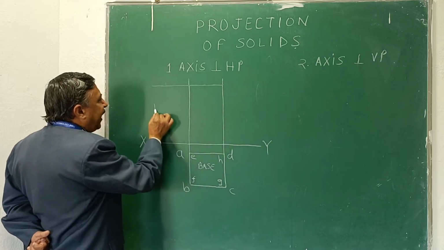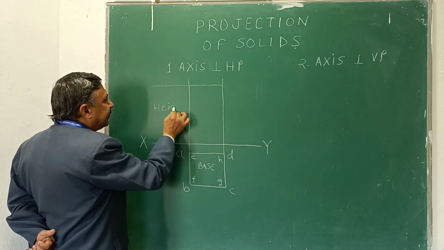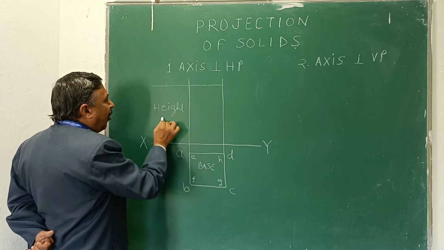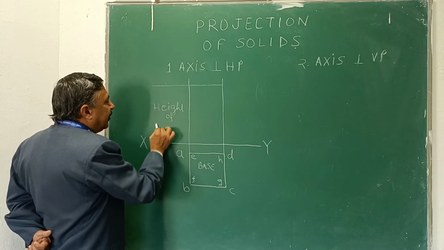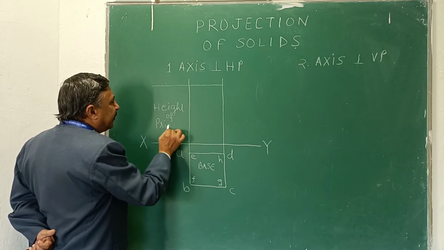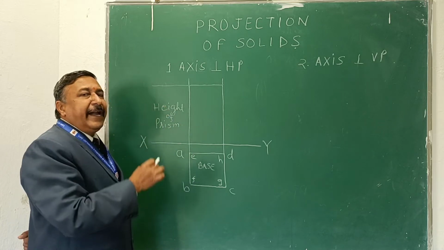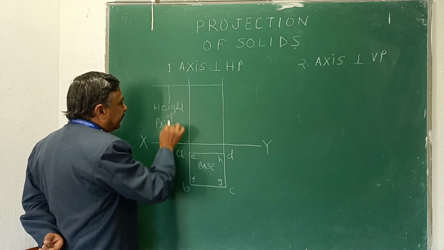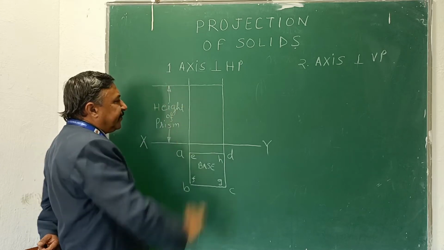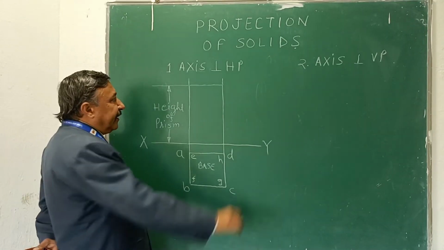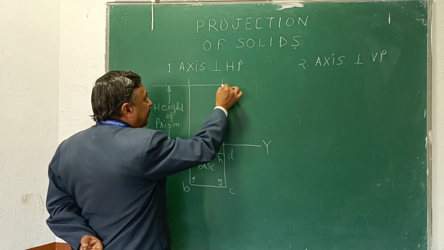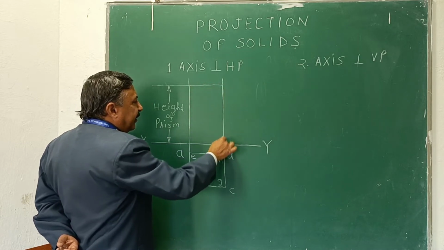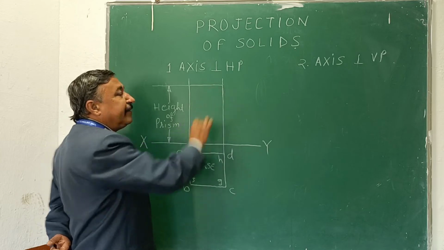This is the height of the prism or axis, whatever is given in the problem. And we just close from here. So, this is one rectangle visible.